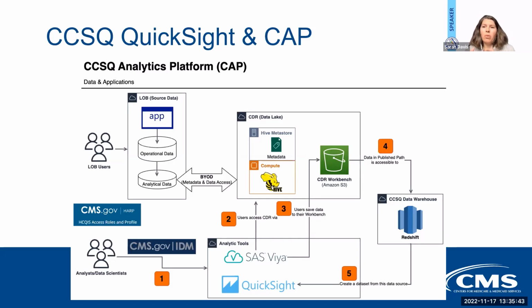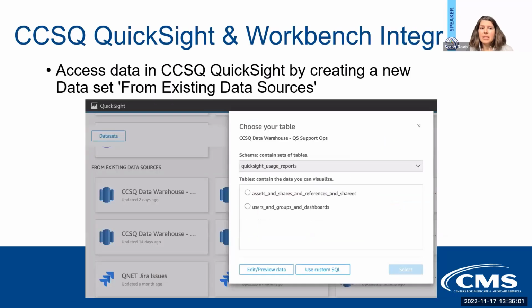We're at the point where we can start working in the backlog on people who have workbenches and who are in Quicksight but might not have that integration. Or if you're new and you don't have a shared folder in Quicksight, reach out to us. We'd love to get you set up with this functionality. All right, next slide, please. Once we have your integration to your workbench, this is what it'll look like from Quicksight.